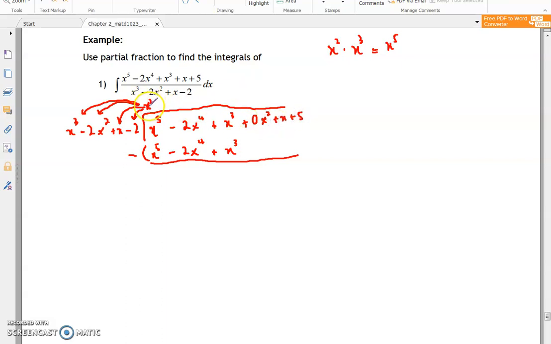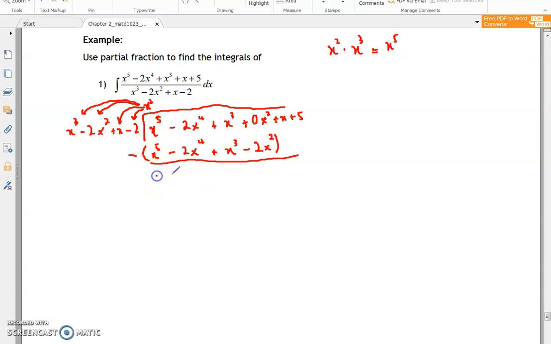So x squared multiplied by minus 2 gives minus 2x squared. Now let us subtract.